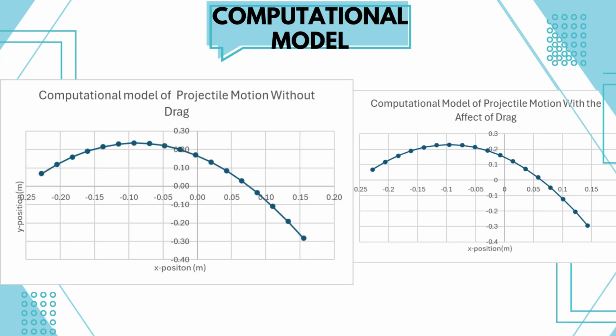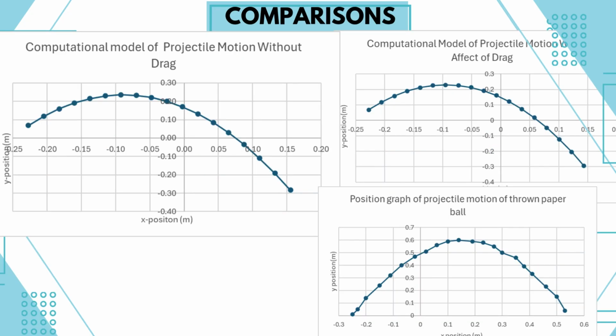And then here are the graphs that I got from the GlowScript data. So this is without drag and with drag. As you can see, there's not too much of a difference, and this could be because, well, actually, I'll talk about my possible errors in just a second, but here's a side-by-side of the Tracker graphs and the GlowScript graphs.